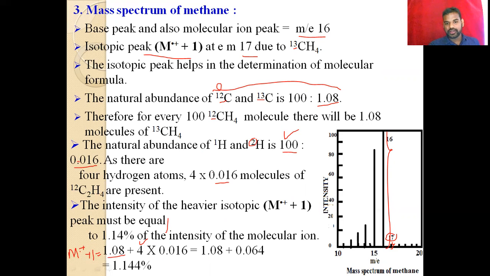So the intensity of the molecular ion, we can say, is 1.144%. From this we can calculate the isotopic peak.